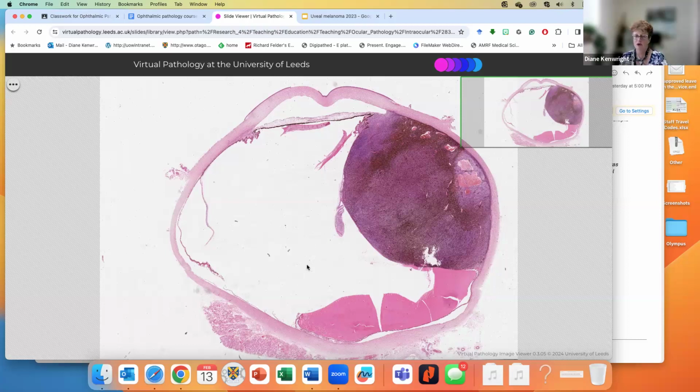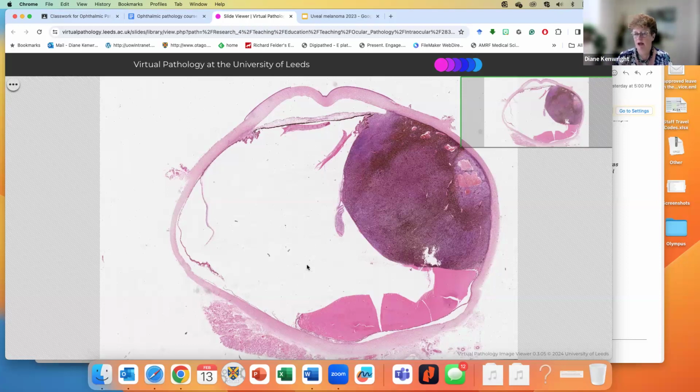So if I was answering a question on how do you determine whether or not there is involvement of scleral nerves, I would always start with the macroscopic. So I would always macroscopically inspect the globe to see if there was any pigment on the outside of the globe in the region of common exits of nerves. And then at medium power, I would look to see if there was any pigment or purple cells tracking through the sclera.